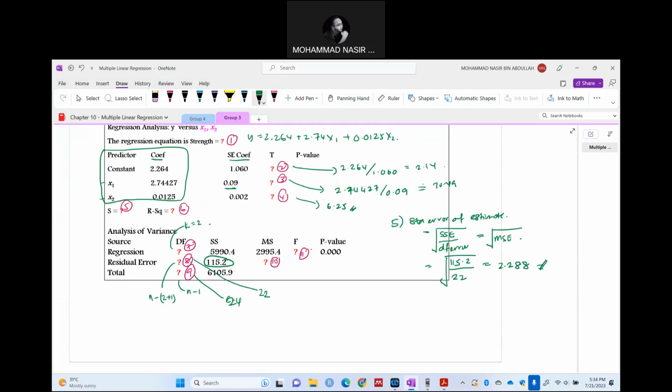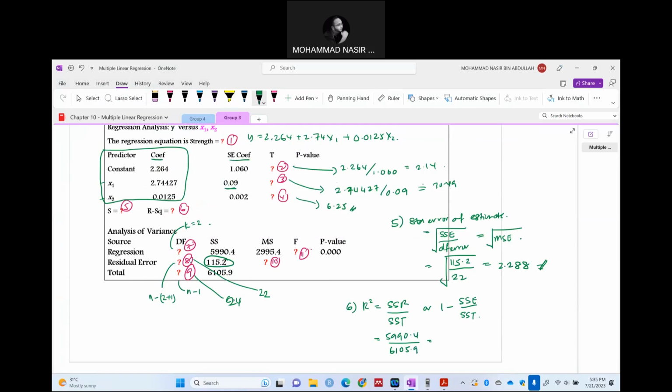Okay. And then number 6, which is R square. R square is equal to sum of square regression divided by sum of square total, or 1 minus sum of square error divided by sum of square total. So we use the first formula. 5990.4 divided by 6105.9.